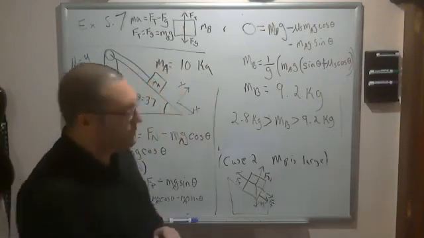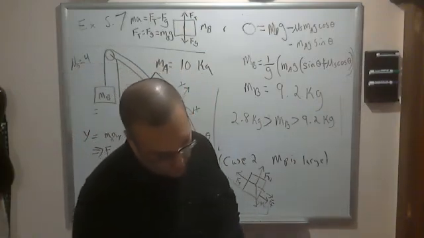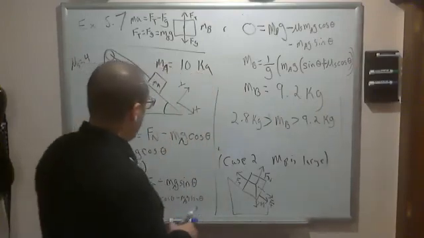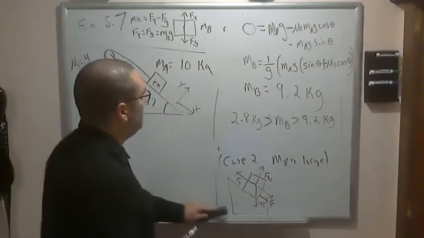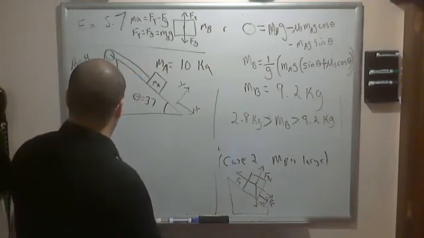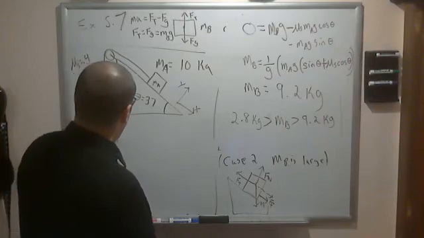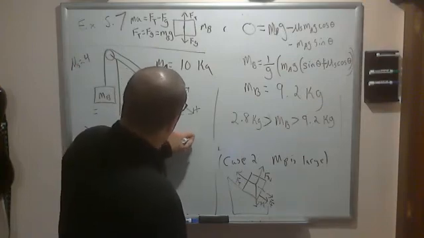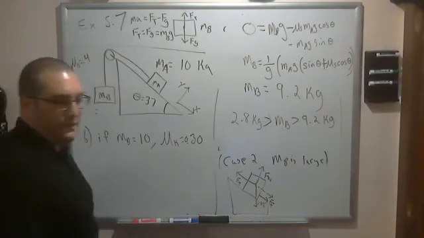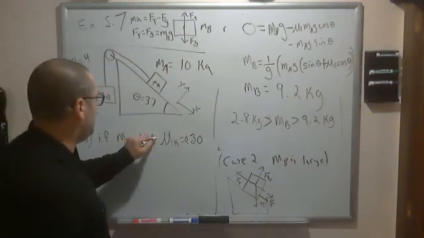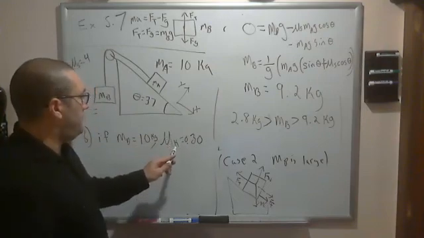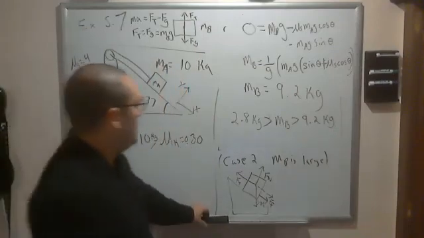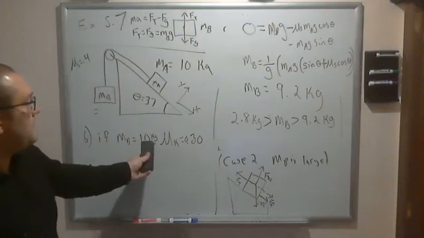Now in part B, what it asks for is if mass 2 is 10 kilograms and the coefficient of kinetic friction is 0.3, what is the acceleration, right? And if you look at it, which case would this be?